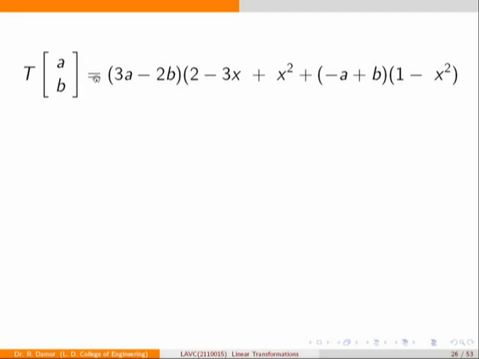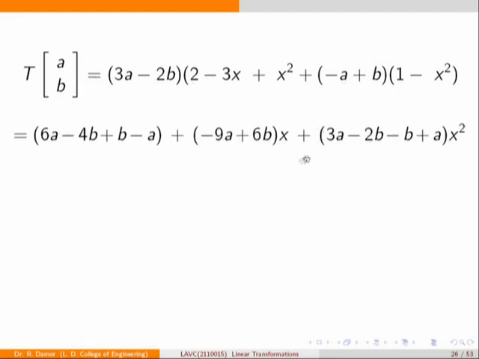Collecting the constant terms, the x terms, and the x square terms, this can be written as (6a minus 4b plus b minus a) plus (9a plus 6b)x plus (3a minus 2b minus b plus a) x square. Now equal terms you can add or subtract, so this a and this a, b and b, same thing. So what is the simplification?